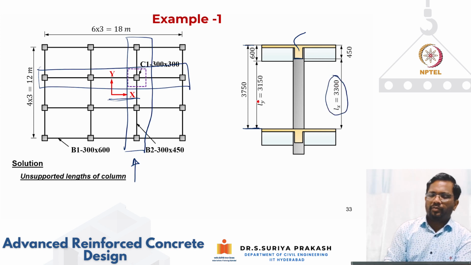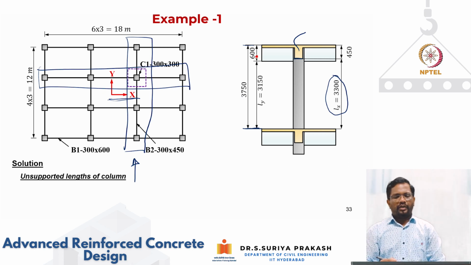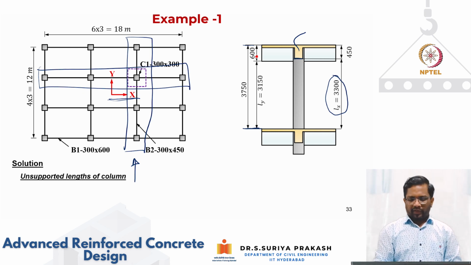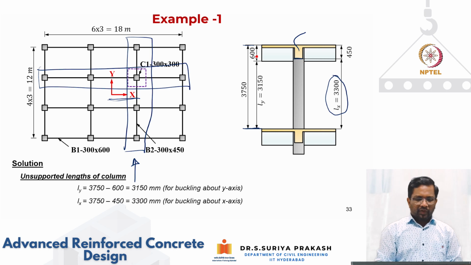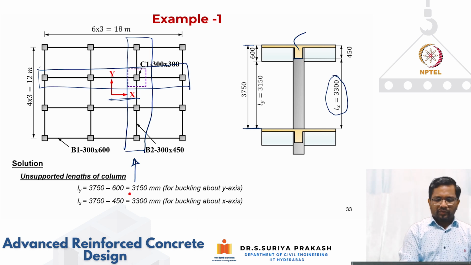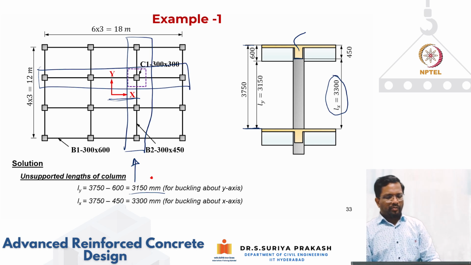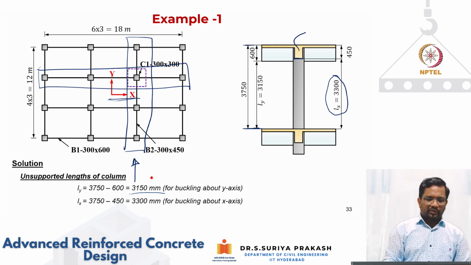And Ly will become 3750 minus 600, which is the unsupported length of the column for bending about the y direction.